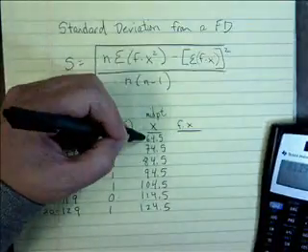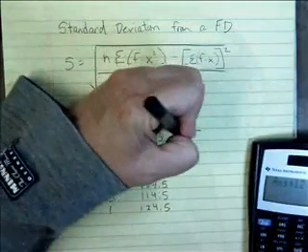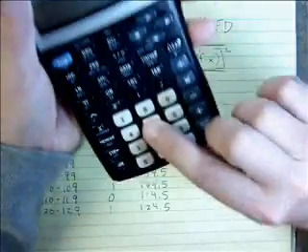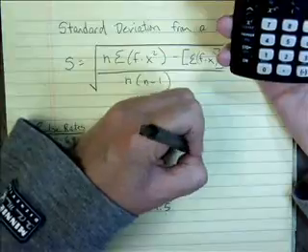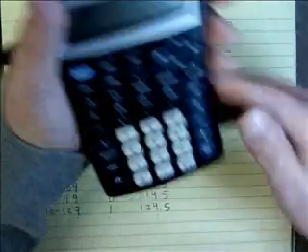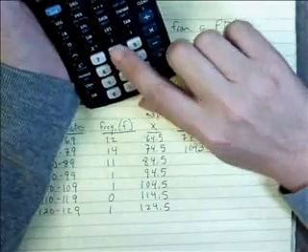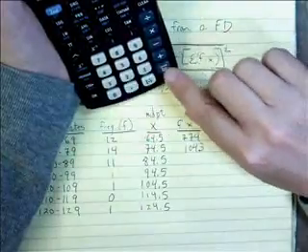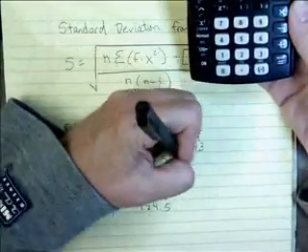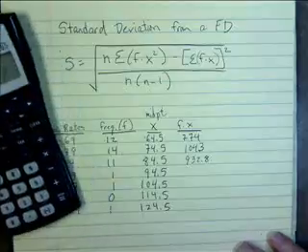So what I'm doing is saying 12 times 64.5 is 774. 74.5 times 14 is 1043. 11 times 84.5 is 929.5. Put this down so you can see it.